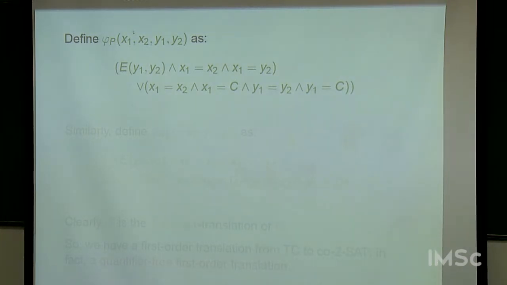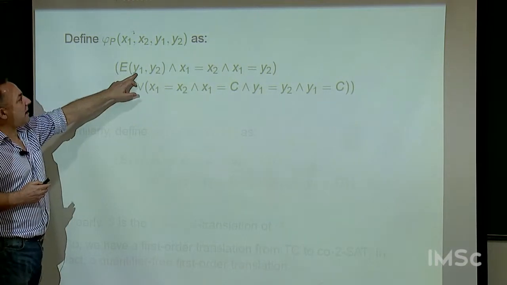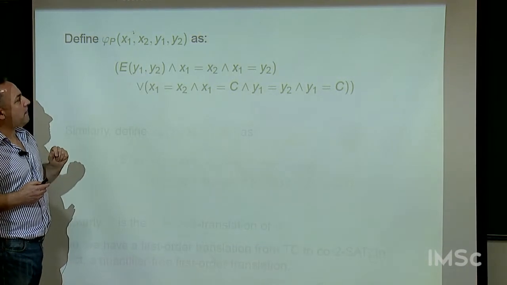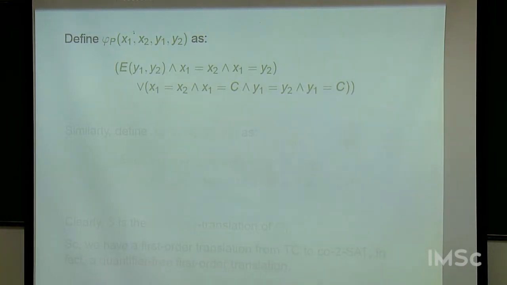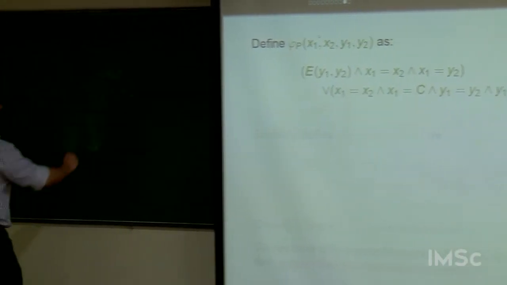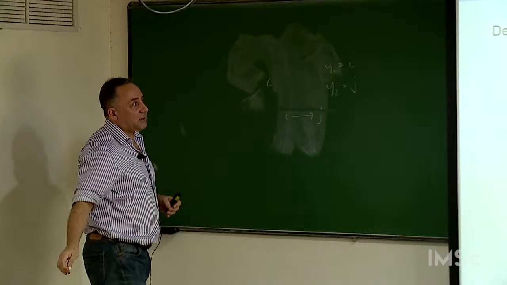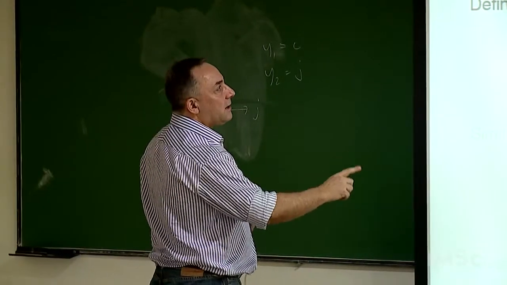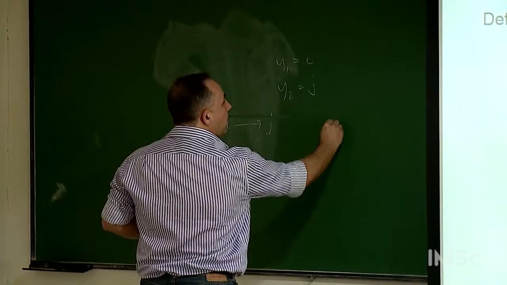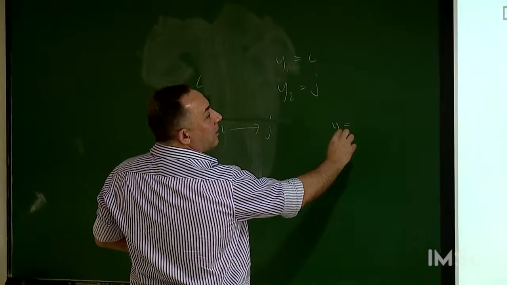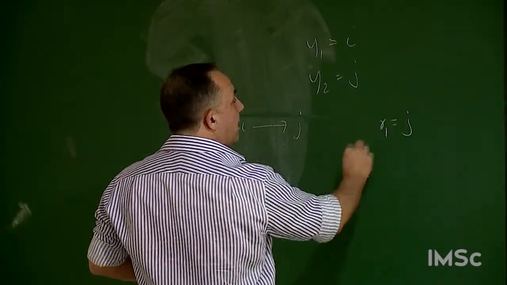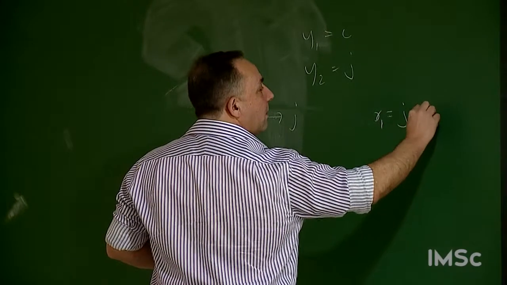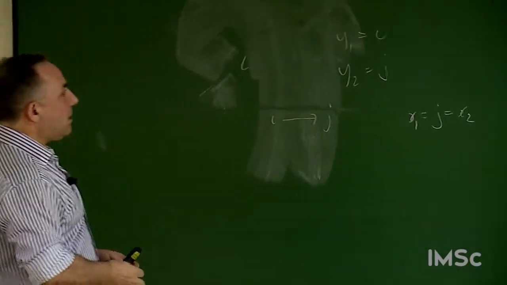It says, well, if there's an edge from y1 to y2, and let's suppose that when I interpret y1 is equal to i and y2 is equal to j, so I'm saying that there's an edge from i to j, and also I need that y2 is equal to x1. So x1 is j and x2 is j. Am I making a mess of this?